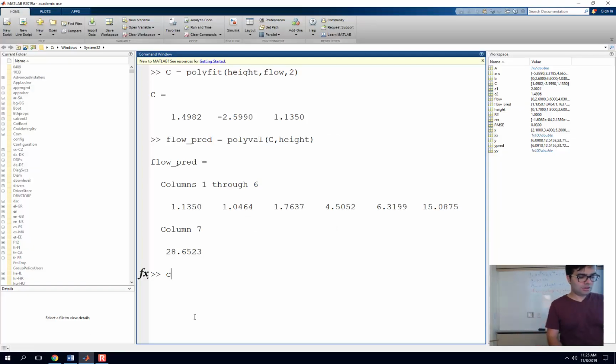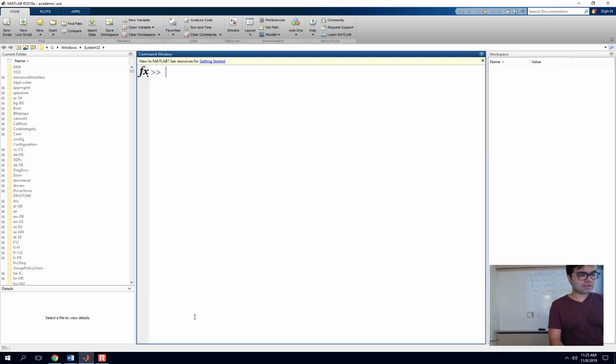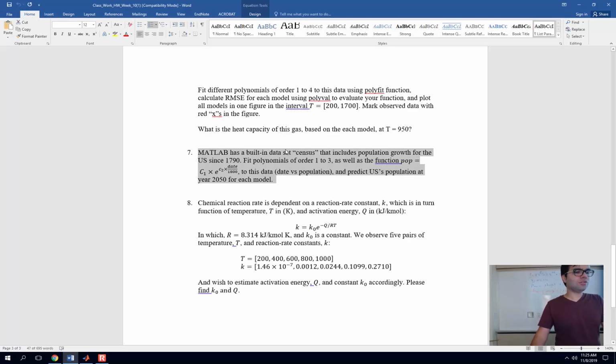So I'll do clear and then clc, load census. When you load census, you'll have two variables, pop and cdate. Pop is population, cdate is date. And then you can use this equation: pop equal to C1 times e to the power of C2 times date, which is cdate, divided by 1800.